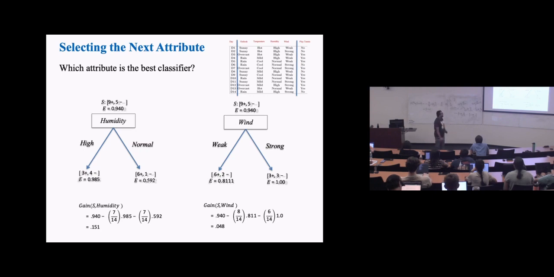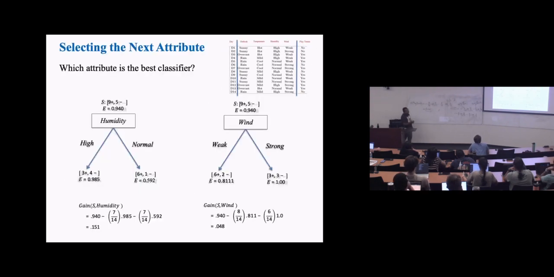Now, if I pick, let's say, humidity, and I pick the value high versus normal, right? I mean, there are two options. Look at humidity. It can only be high or normal. So you have two branches. And based on the branch, you now split the data set. The original data set that had 14 examples will now be split between these two partitions, right?